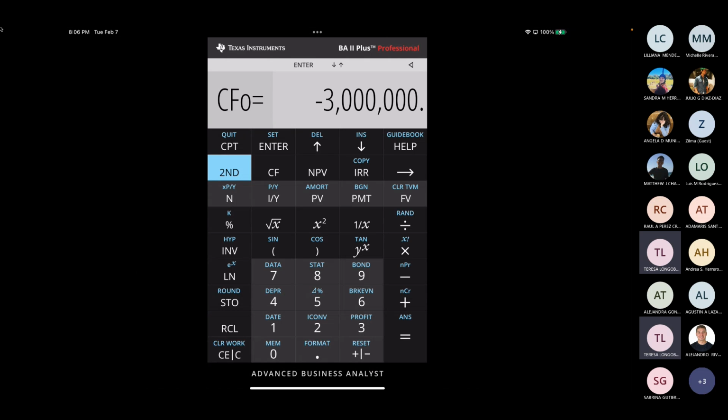Now what do you think I do? Intuitively, I'm going to hit compute, NPV, and it asks me for the interest rate.